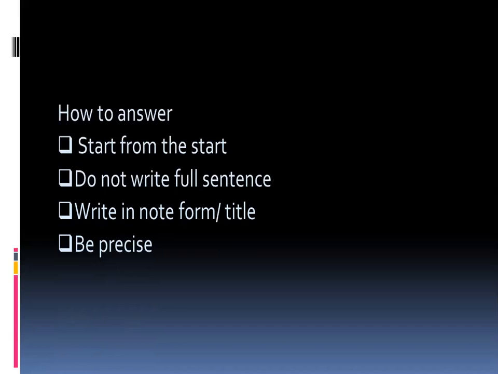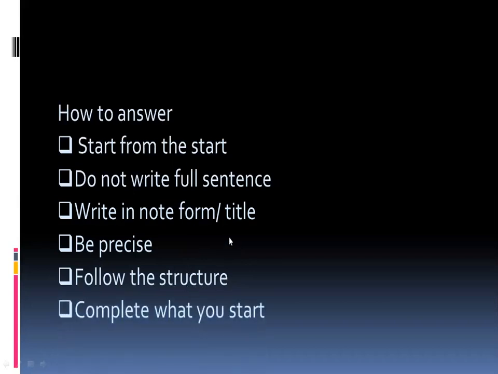Do not write full sentences. The most common mistake made by learners while answering a flowchart is writing a full sentence in the box. Remember, boys, we have to write in note form or bullet form. You can say it is like writing a newspaper headline.